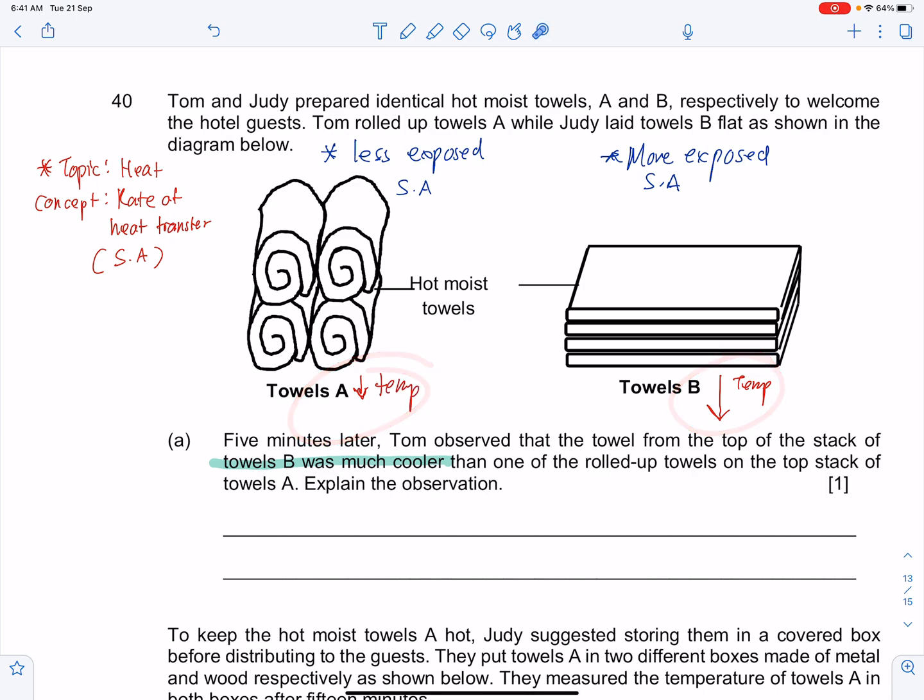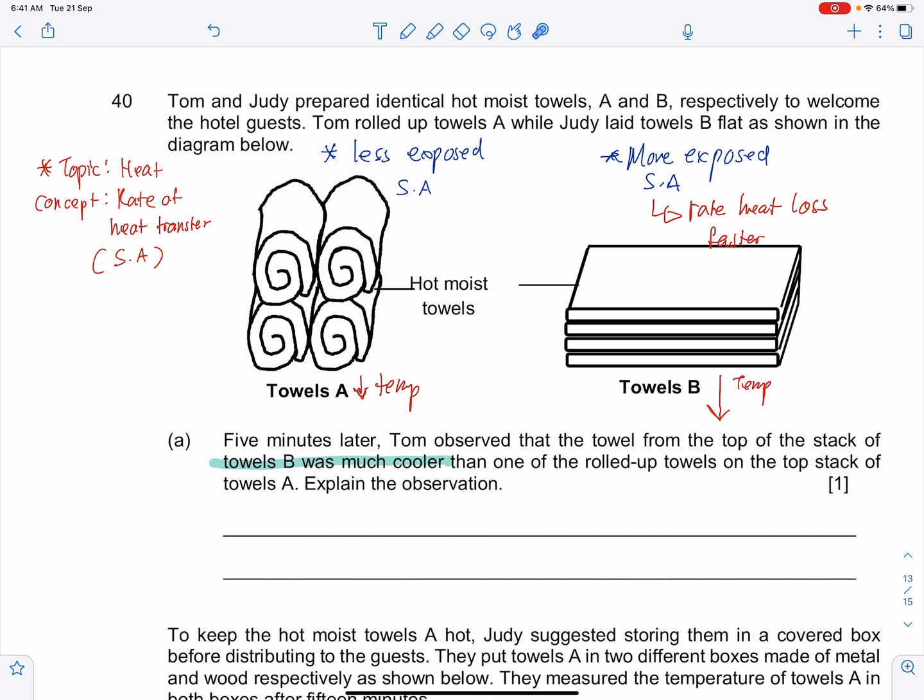So obviously you need to account for why that is happening. So then you look at what is the difference between the both of them. You will realize that for B, because there is more exposed surface area, rate of heat loss is actually faster as compared to A, due to the lesser exposed surface area.